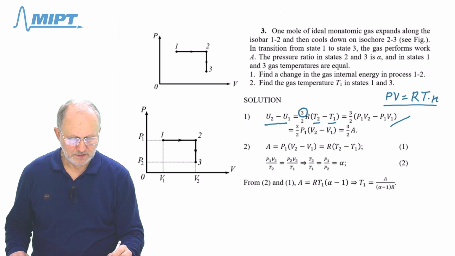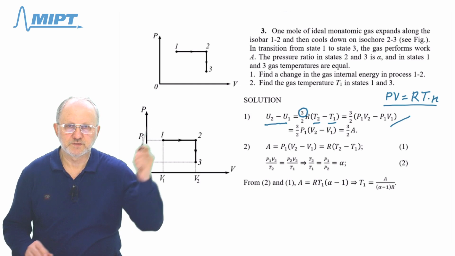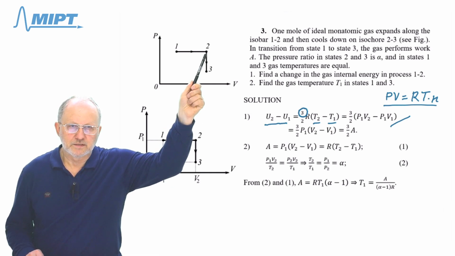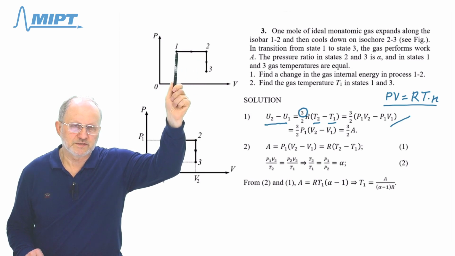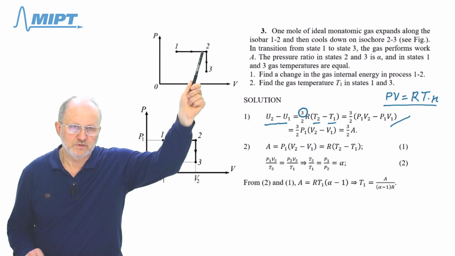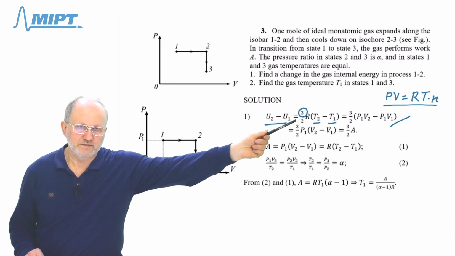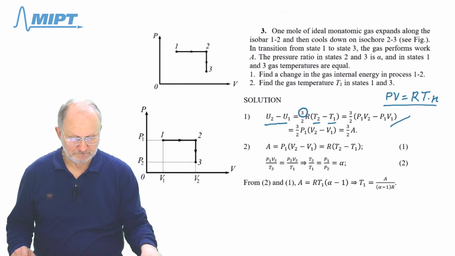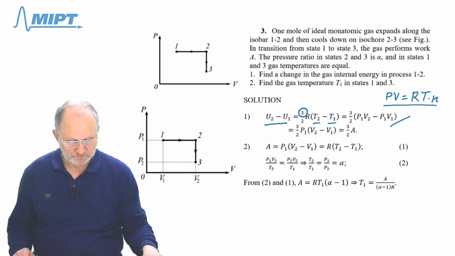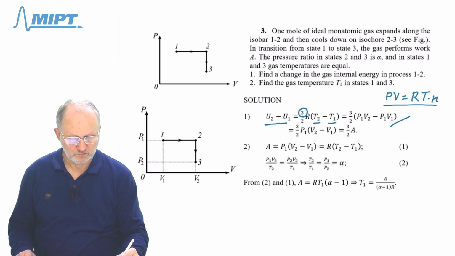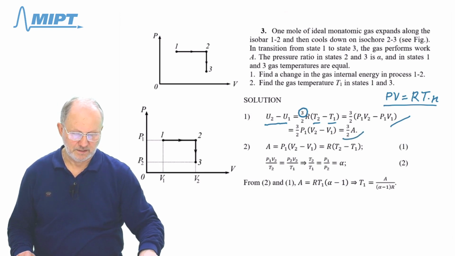And certainly, temperature in point 2, which is this point, is expressed using pressure in point 1, because this is the same pressure as in point 2, and then pressure in point 1 and volume in point 1 follow to find the temperature in point 1. So, using this expression, we obtain the work produced by gas in this process.